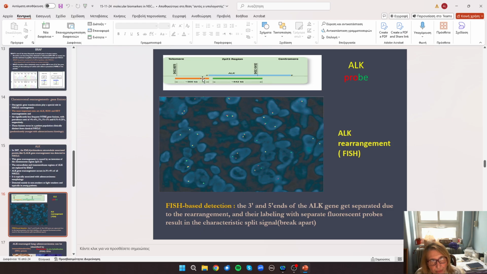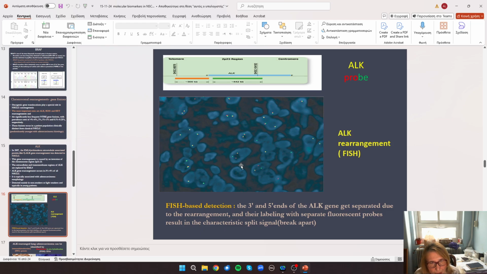Specifically, with the aid of two different fluorochromes, we label sequences right and left of the breakpoint of the gene, like orange and green. After performing the methodology, we see the result by microscope, and if a rearrangement has occurred, the two colors are separate.